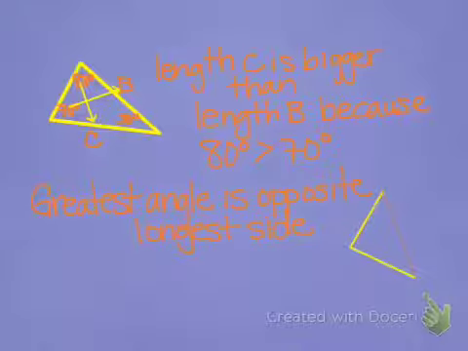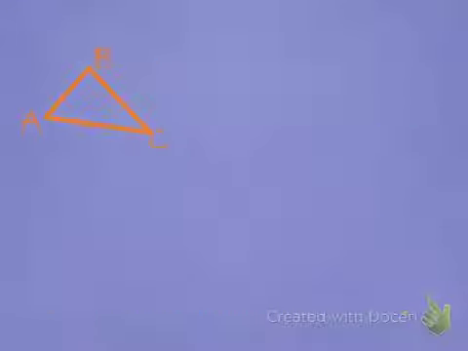So the greatest angle is opposite the longest side. You can see here, this angle is bigger because it has a longer side, whereas this angle is smaller because it has a shorter side, and vice versa. So the smallest angle is opposite the shortest side.